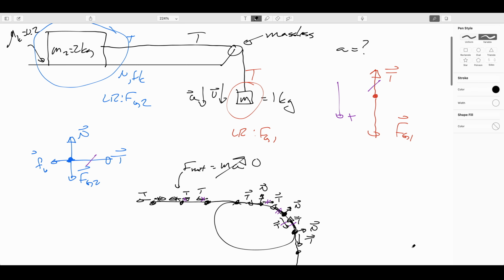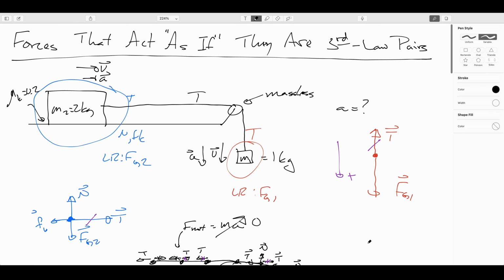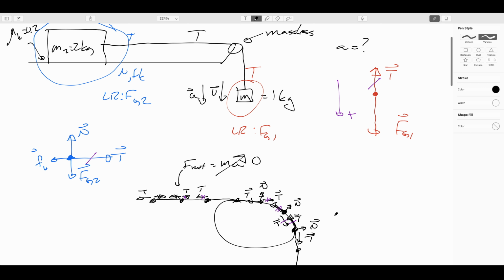And so that's where they get that phrase, is because there are a lot of third law pairs involved. I've not ever seen any other phrase used to describe this situation. So technically it's not really a third law pair, but if it's massless, then we can go ahead and say that they are a pair of forces that act as if they are a third law pair, which simply means that they're the same type of force and they're equal in magnitude, but not oppositely directed.